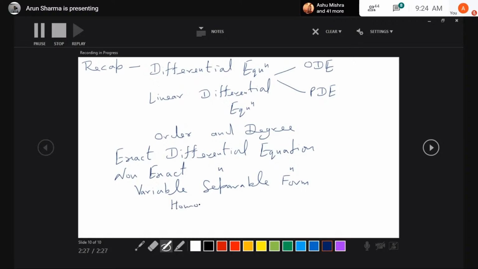Homogeneous is nothing but converting this equation into variable separable. And then linear. I have defined linear here, but I took one order linear differential equation. So there is one standard form for one order linear differential equation.